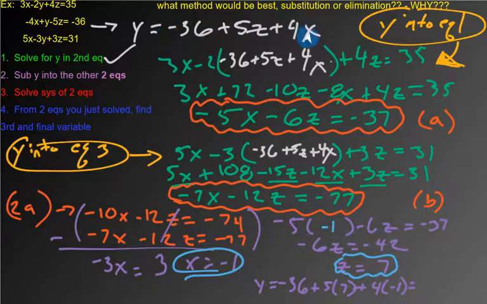So I'm just plugging in here. I'm plugging in 7 and -1, and you could really just go to a calculator, which I'm going to do right now, because I am not trusting my mental math today. You should get -5.